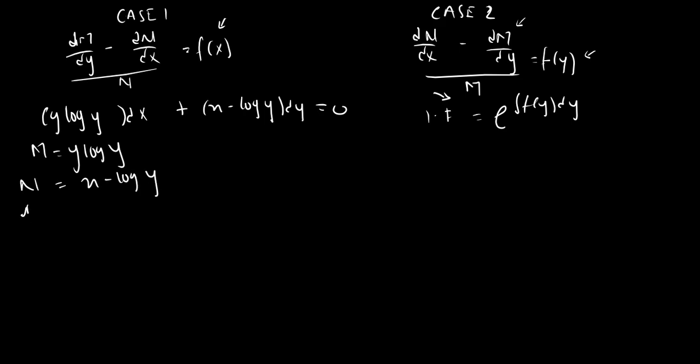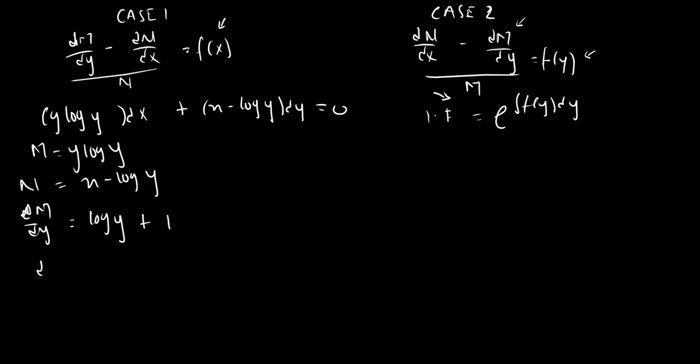Now we're going to get our dM/dy. Remember we have y multiplying log y, so we're going to use the product rule. When we take the derivative of y, we have 1 multiplied by log y, which is log y, plus the derivative of log y, which is 1 over y multiplied by y, which gives us 1.